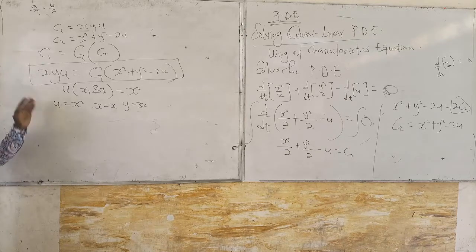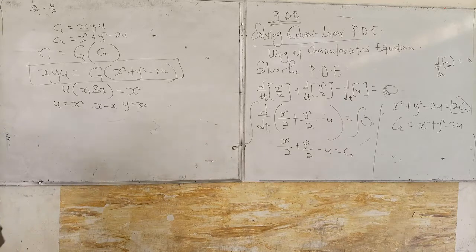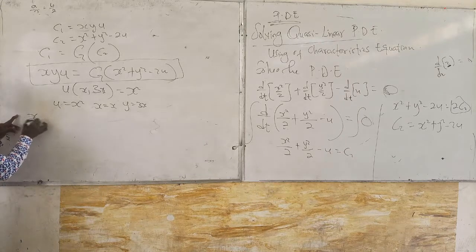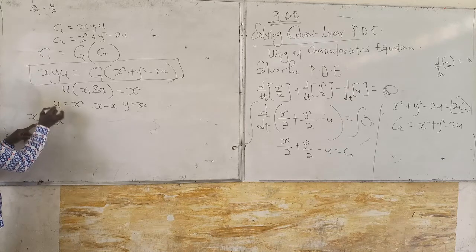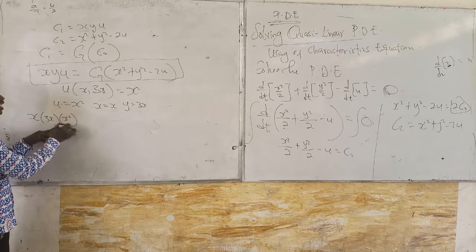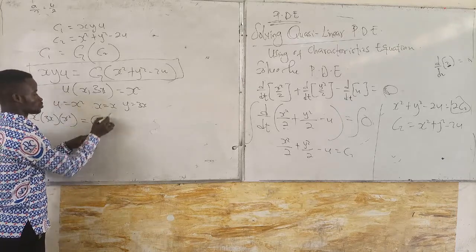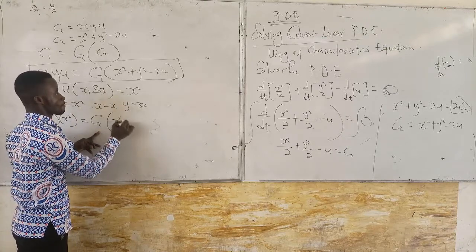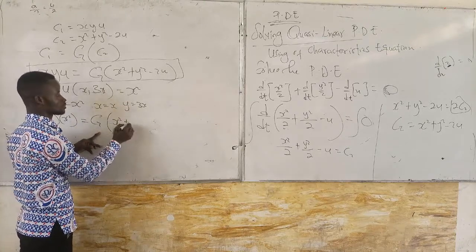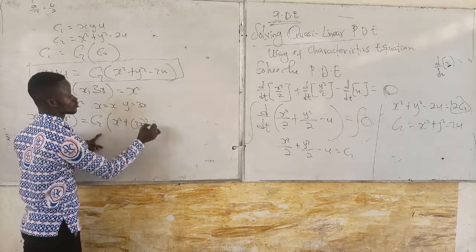So wherever you see x, here is x. y is what? 3x. u is what? 3x squared. x is what? y is what? 3x squared.